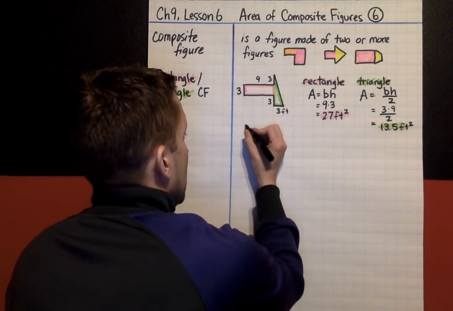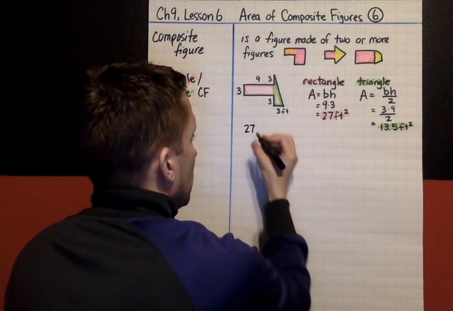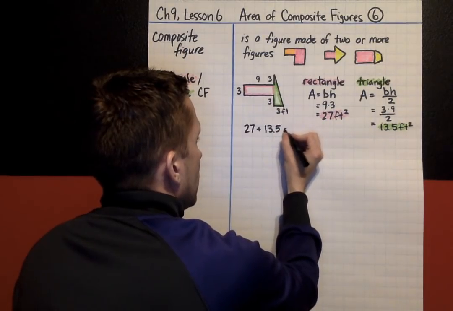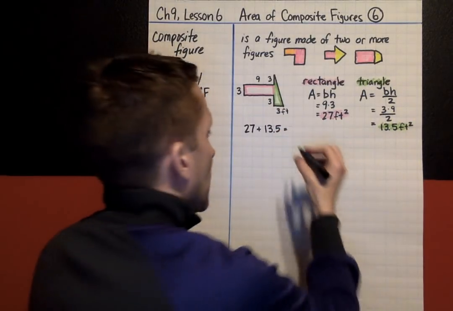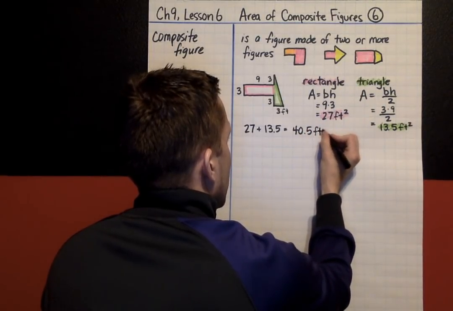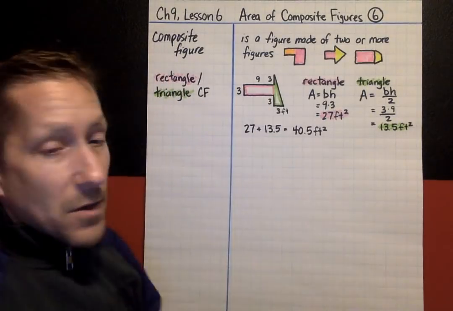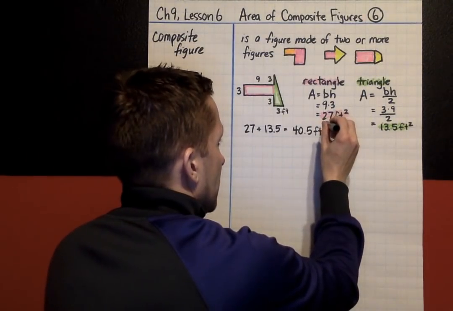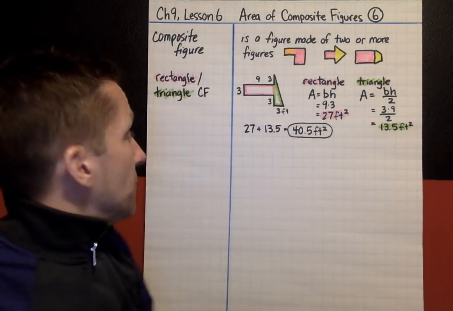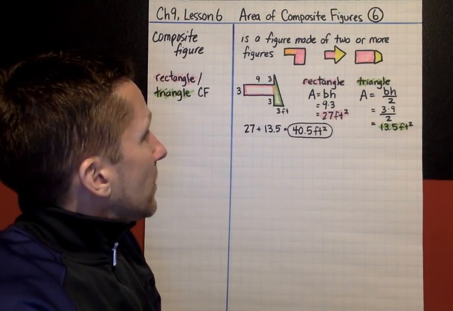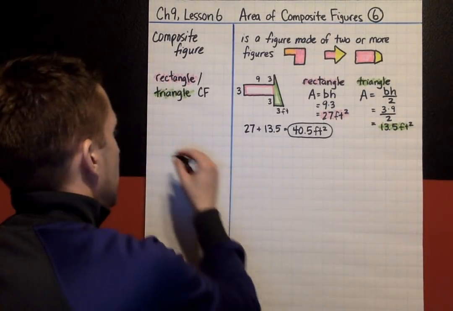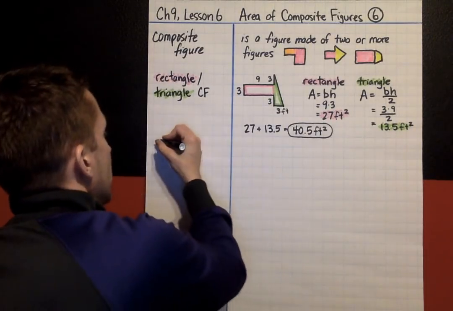So that would be 27 feet squared plus 13.5 equals 40.5 feet squared. That's the total area of that composite figure. Rectangle plus triangle. Okay, next example. Find the area of this composite figure.